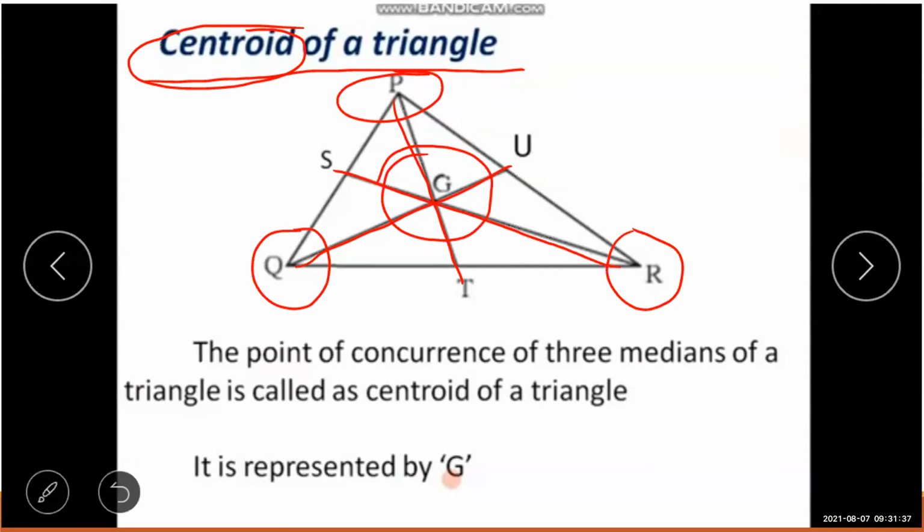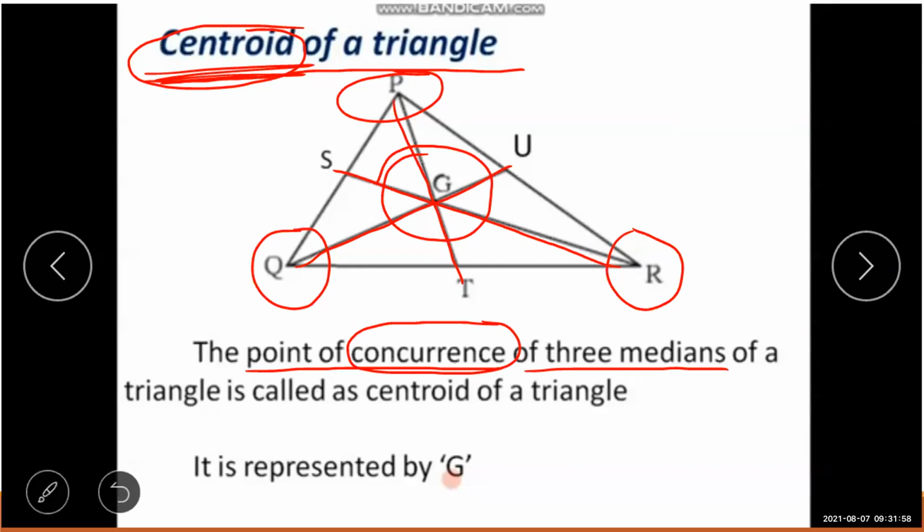So centroid means the point of concurrence of three medians. Now, what is meant by concurrence? That is union, the point of union. Here you can see all the medians meet each other.